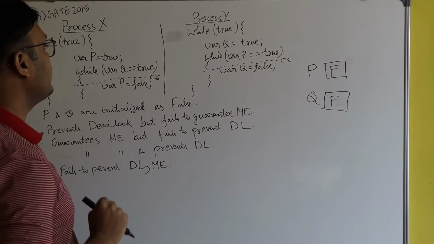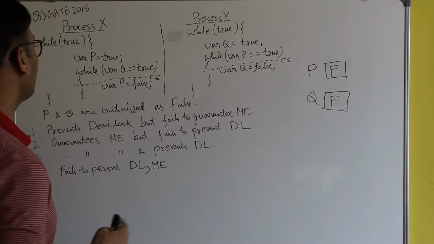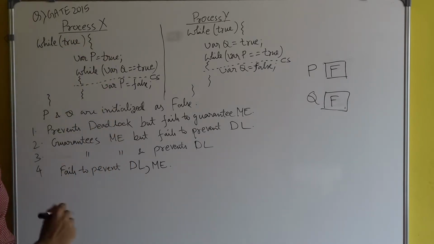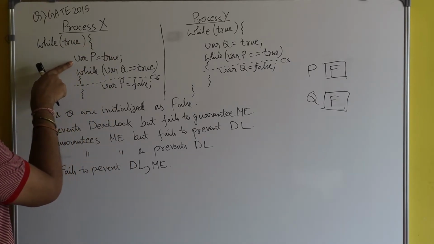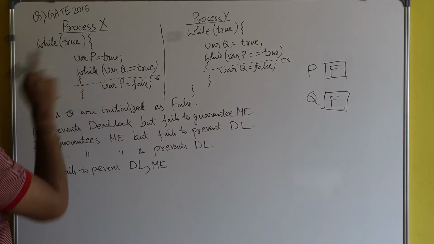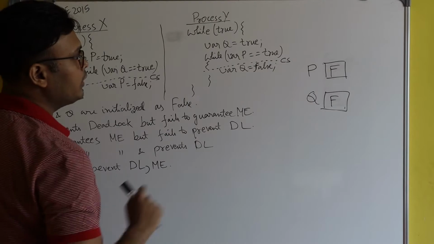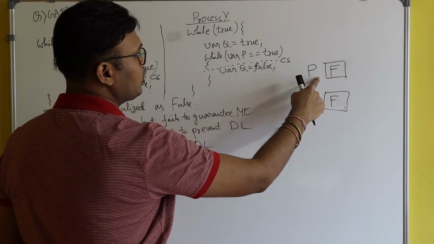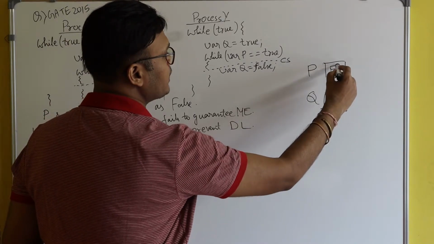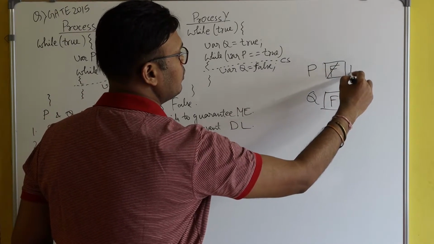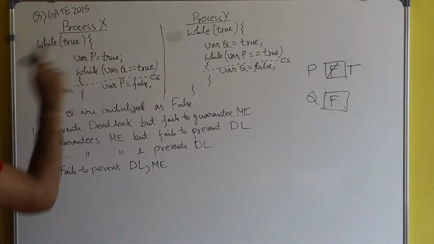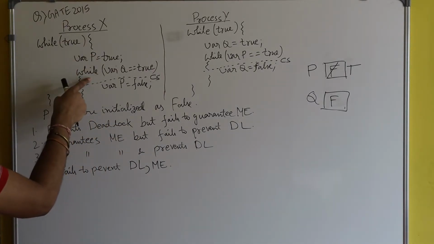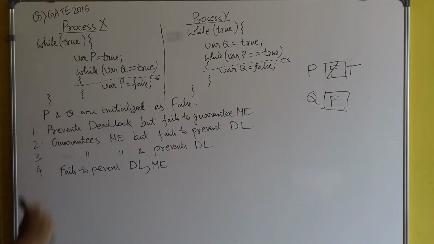Process X will run the line P equal to true, so it makes the value of P true. In the second line, it's written while Q equal to true.